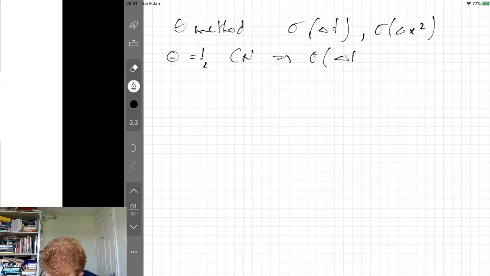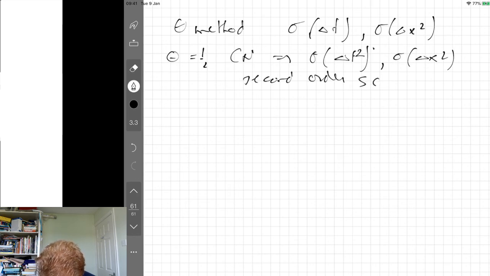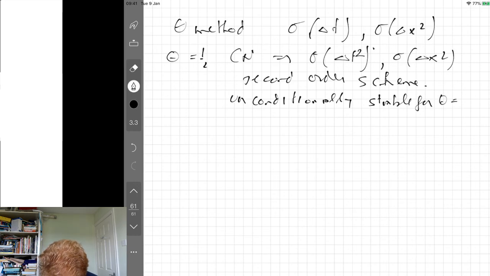Then, due to the symmetry, it becomes order delta t squared and order delta x squared, so that's the second order scheme. And it's unconditionally stable for theta is half, because for theta between half and 1, the scheme was unconditionally stable.